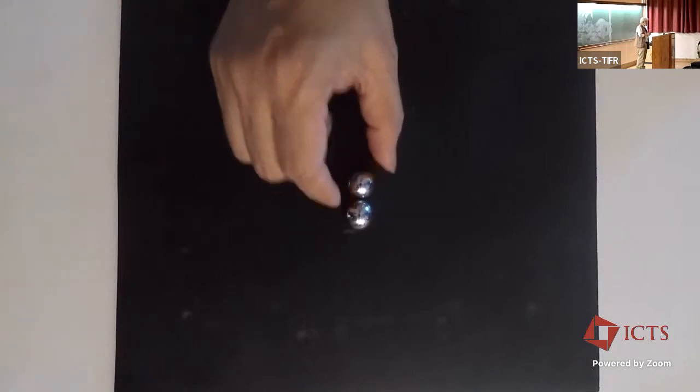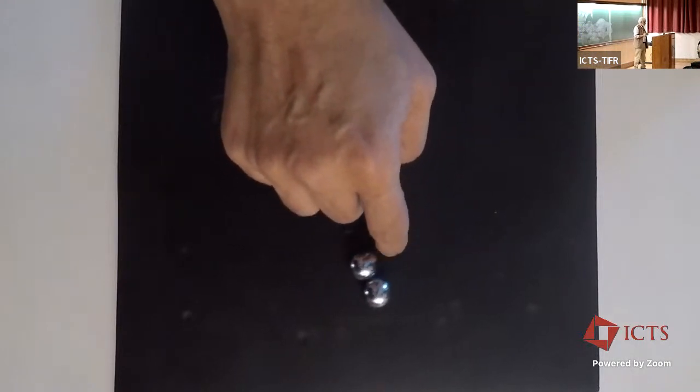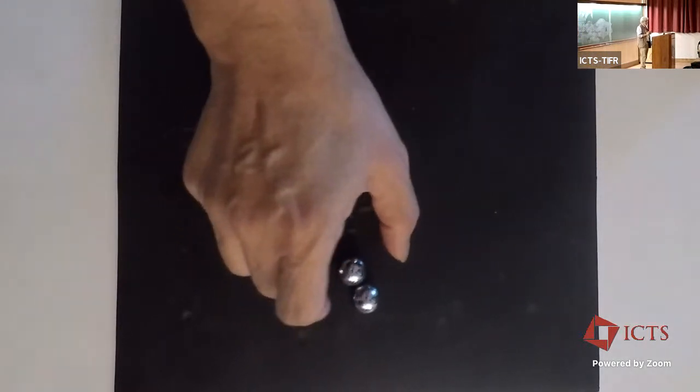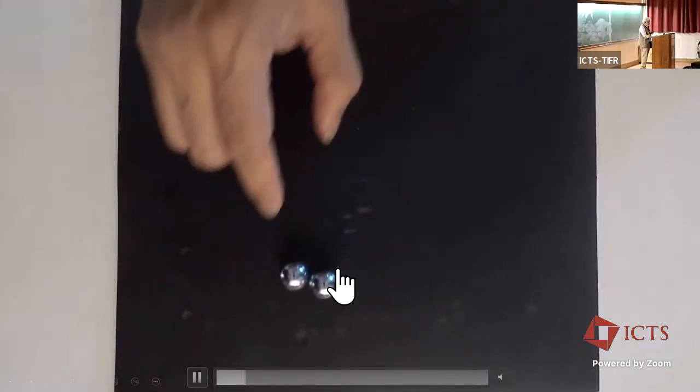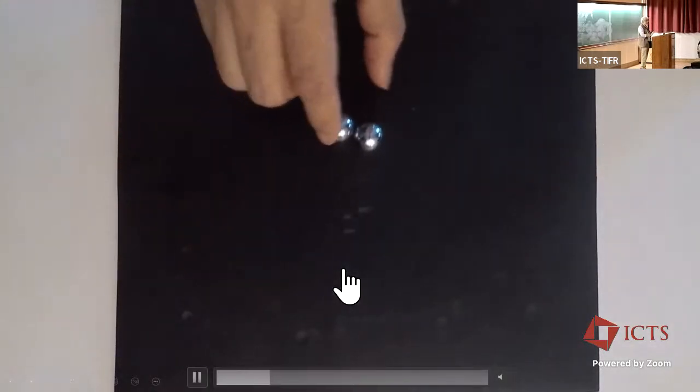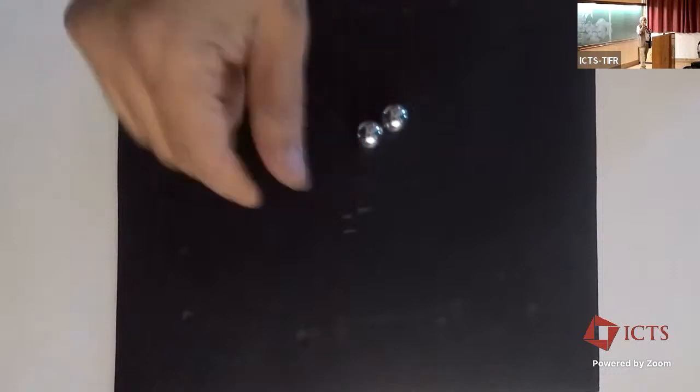In this particular case, I think a little bit of small glue was attached. By themselves, they don't stick. They stick only occasionally.